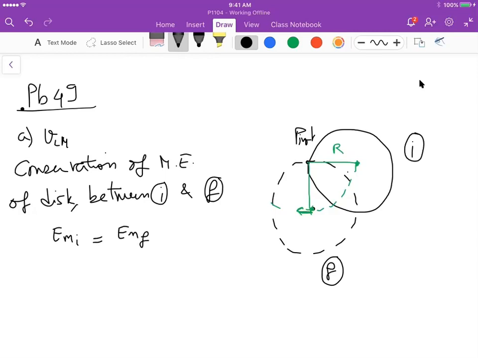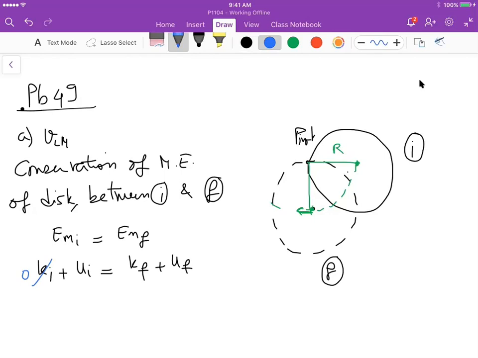So K initial plus U initial is K final plus U final. Initially, it is given that the disk was released from rest, which means that K initial is equal to 0. K final is of course different than 0. It has an expression for the rotational kinetic energy, because here the object is rotating. And then we still have the gravitational potential energy.